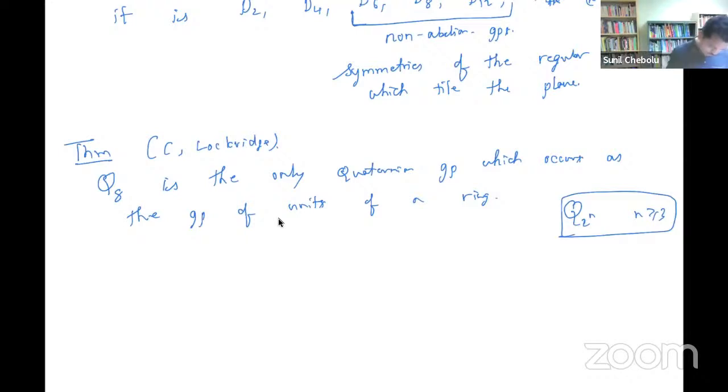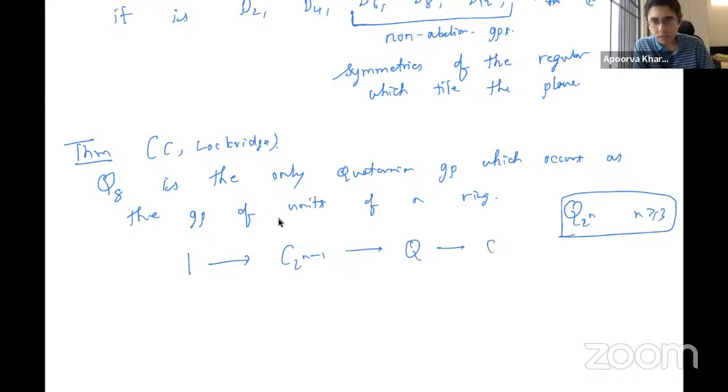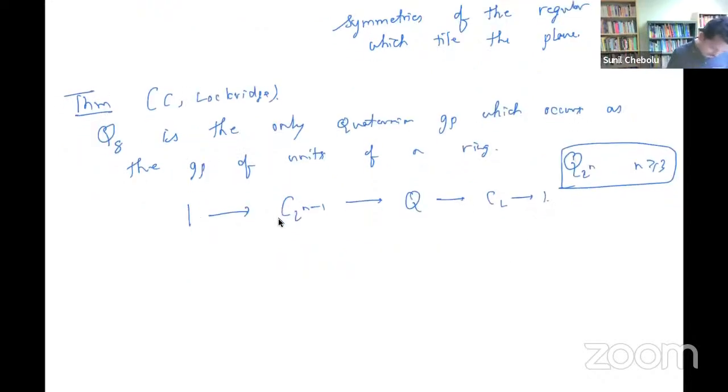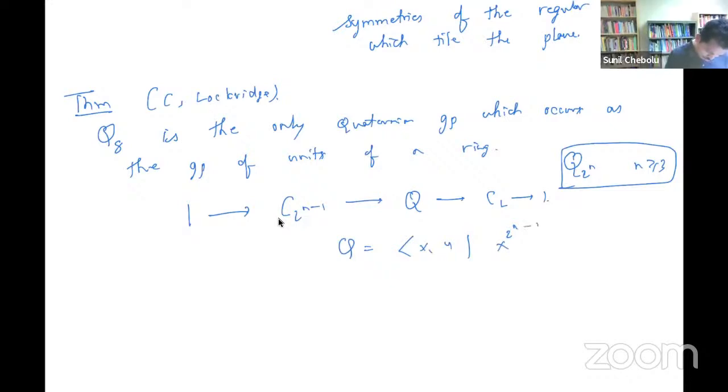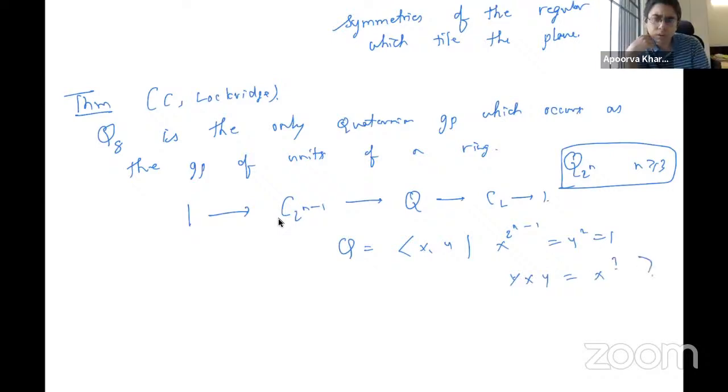Oh, so this is a group of order 2 to the n, which has a big cyclic subgroup of index 2, and you can write down generators and relations if you like. x to the 2 to the n minus 1 equals y squared equals 1, and then something like conjugation, yxy is something, I forget what it is.